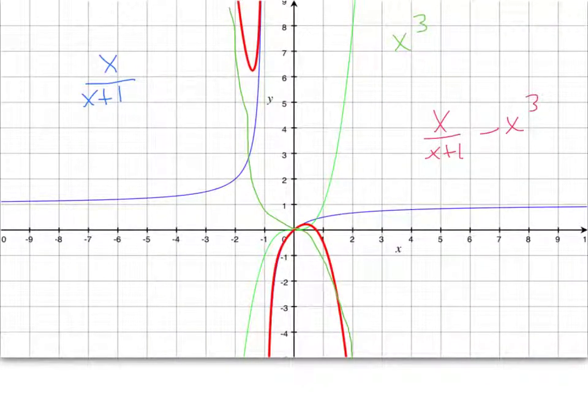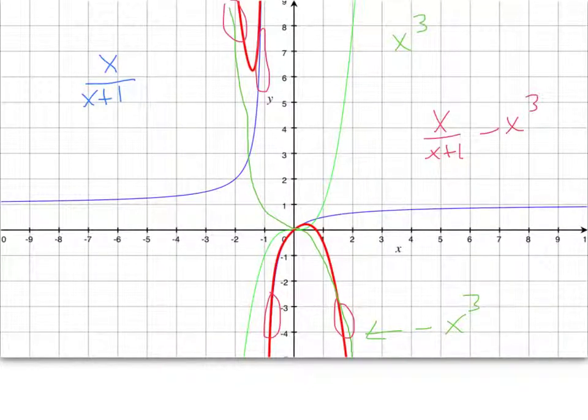This is going to be minus x cubed, and we see that with this subtraction, the x over x plus 1 is going to dominate when it gets arbitrarily large, and it's the negative x cubed that's going to dominate when it gets arbitrarily large.